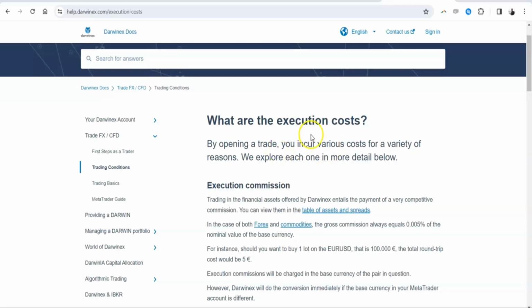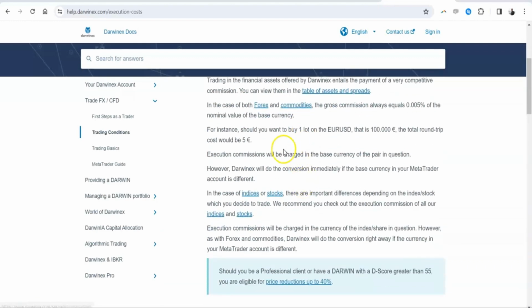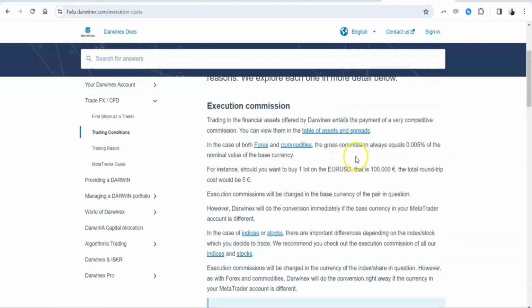So for example, these are the execution cost details for the Darwinex platform, which I would be using for actual deployment of my strategy. And what is the execution cost? So the Darwinex documentation says that for Forex, it is equal to 0.005% of the nominal value of the base currency.